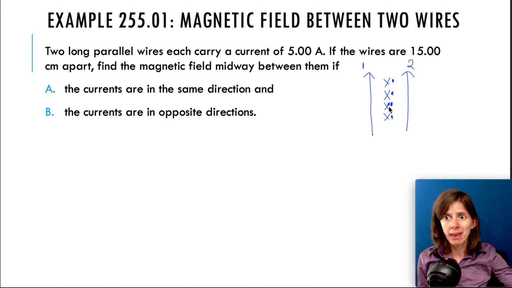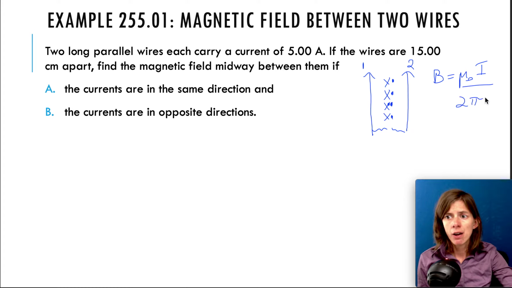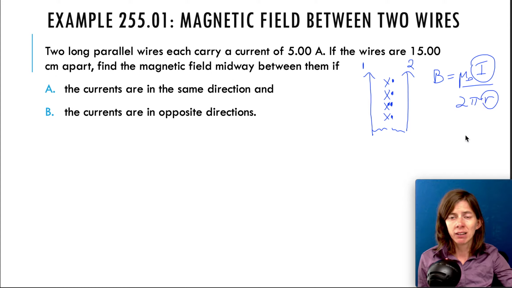It turns out that the point midway between them is the same distance from both, right? This distance is the same. So that means that the strength of the magnetic field produced by each wire is the same. If we go back to the equation, B equals mu I over 2 pi r, this gave us the field due to the straight wire. So the field depends on the strength of the current and the distance from the wire.